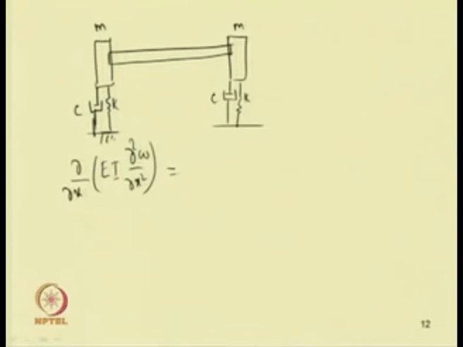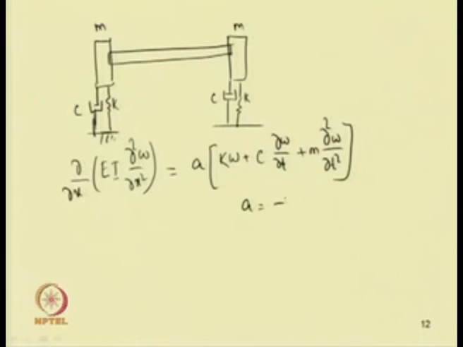So, this will be equal to A into K W plus C del W by del T plus M del square W by del T square. Here A equal to -1 for left hand and equal to +1 for the right hand.